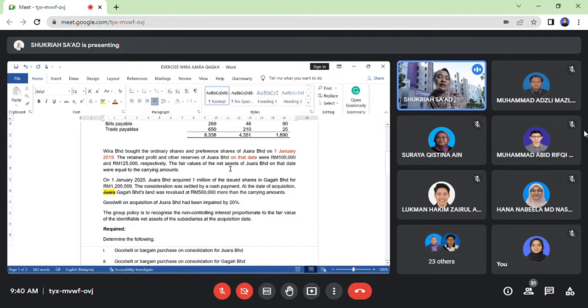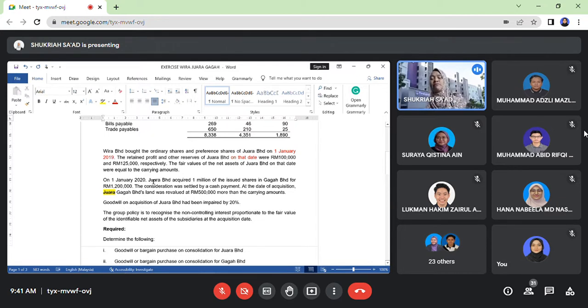So apa nak beritahu kat sini ialah no revaluation, sebab nilai fair value sama dengan nilai carrying amount. Nilai aset dalam financial position kita sama dengan fair value, so tak ada adjustment.